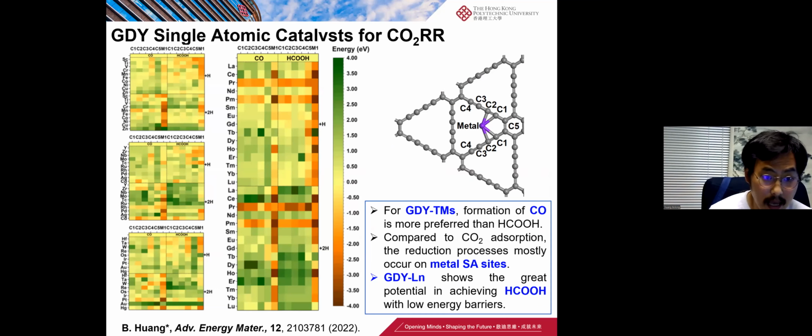We have demonstrated that CO₂ adsorption is more favored on the carbon chains rather than the metal sites. However, during the catalysis process, the metal single atom sites display much smaller energy barriers. And this suggests the migration of carbon dioxide molecules during the electrocatalysis.